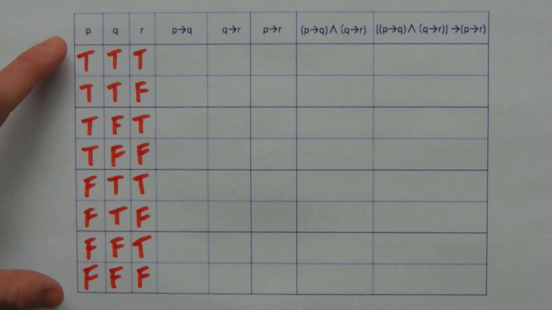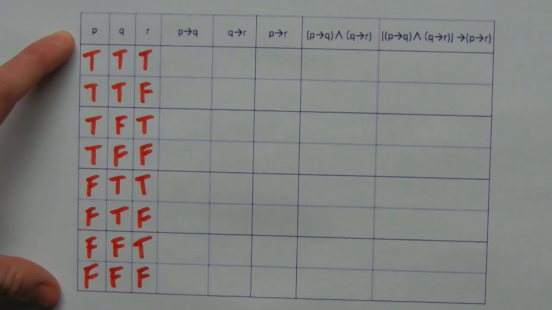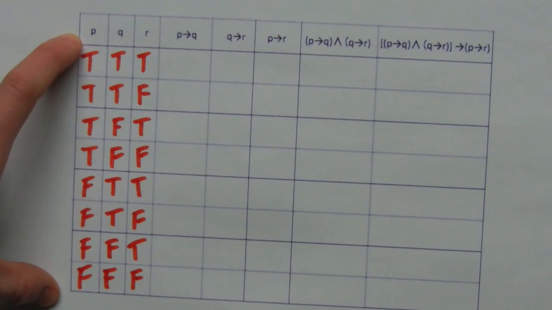So those are the different combinations. There's going to be 8 different combinations for 3 statements.